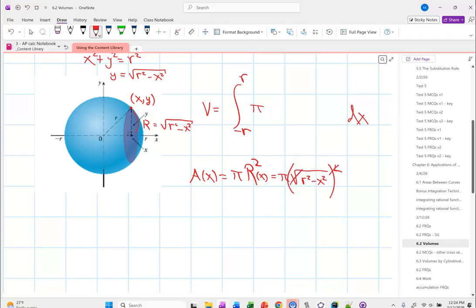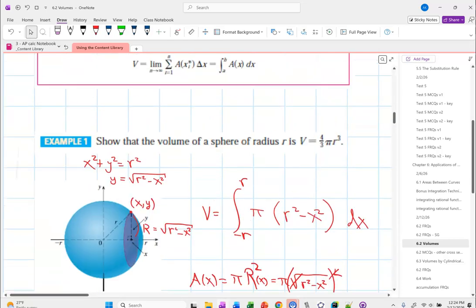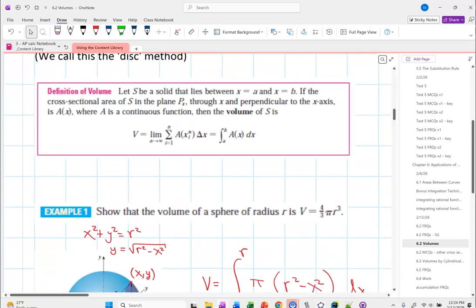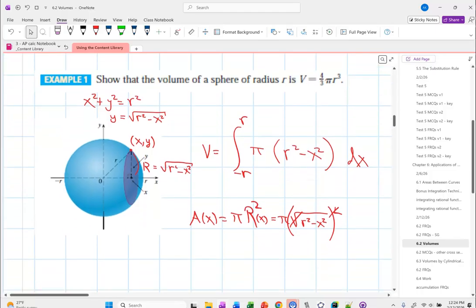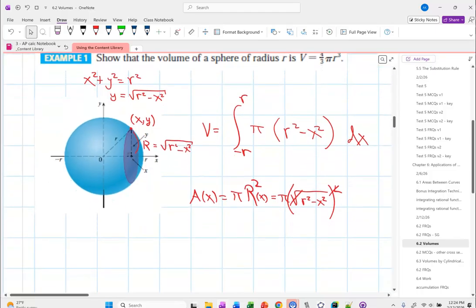And I know the square is going to cancel the square root. So that's the integral that I'm going to be solving. Is everybody okay with the setup there? Again, I'm just using the formula, integral from a to b, cross-sectional area dx. And I did pi r squared because the shape of my cross-section, if I'm cutting a sphere, is going to be a circle, right?